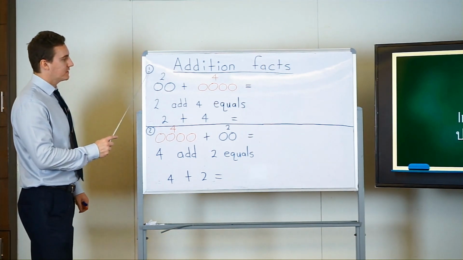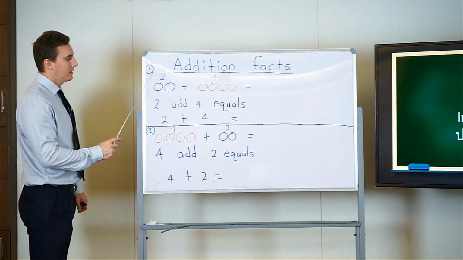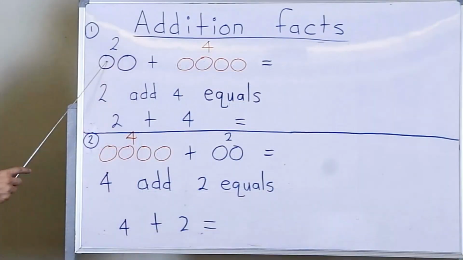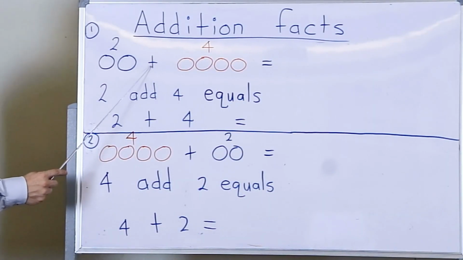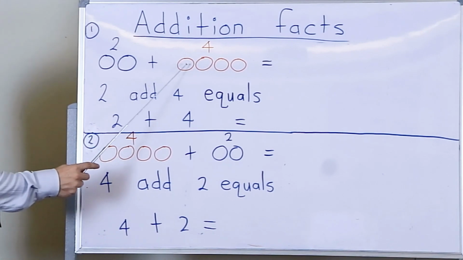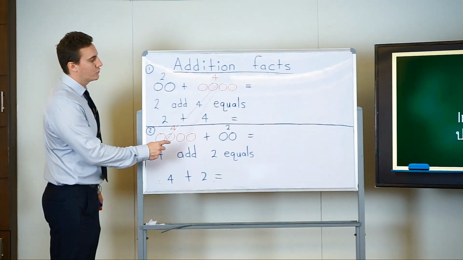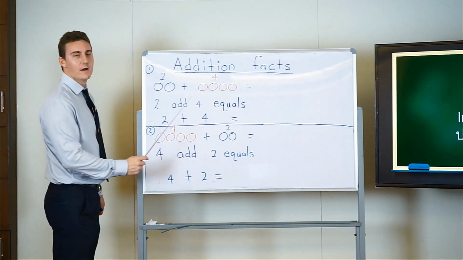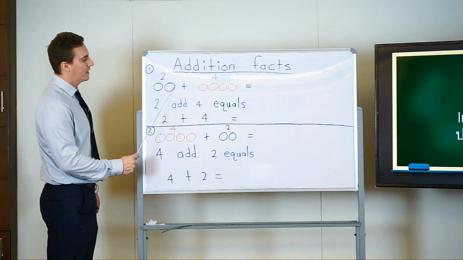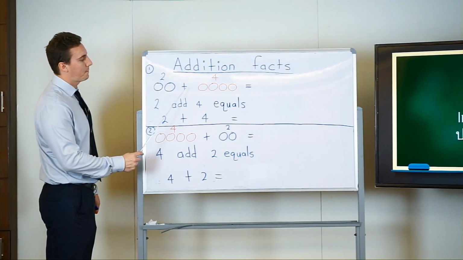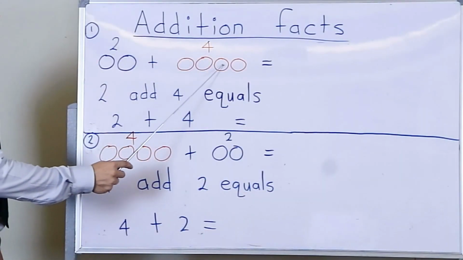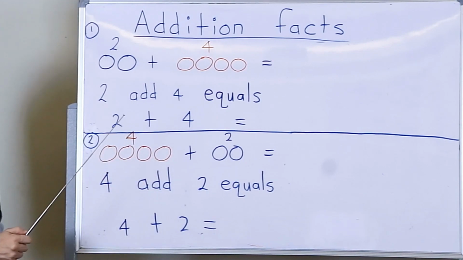So, the first example, number 1, you'll see there are 2 circles. So 2 plus, how many circles can you see here? 1, 2, 3, 4. Very good. So we have 2 circles plus 4 circles. Good.